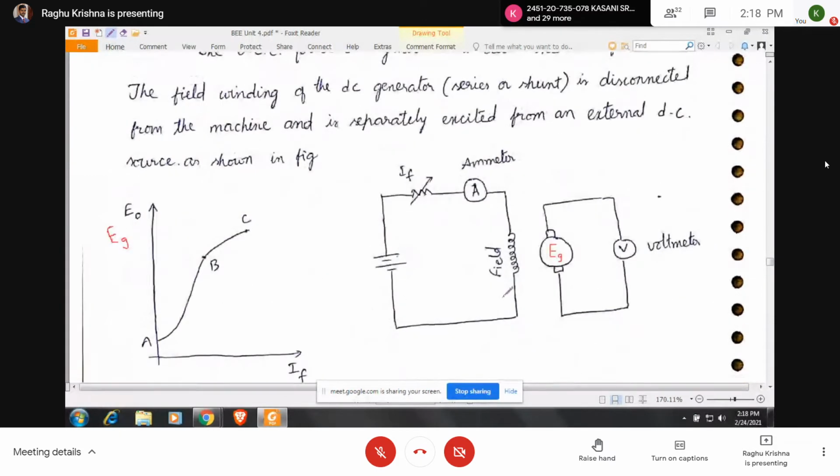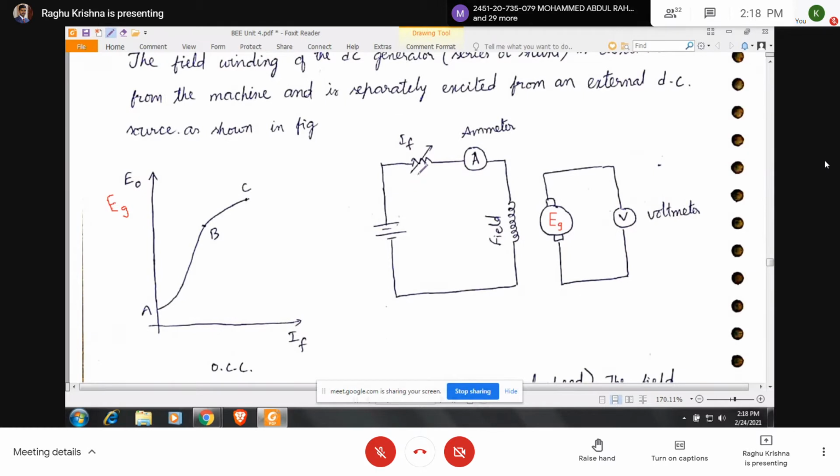So finally, in this circuit you can see what E0 is. E0 is nothing but generated EMF, and we are going to vary the field current. For different values of the field current, you are going to note only E0, which is nothing but EG.